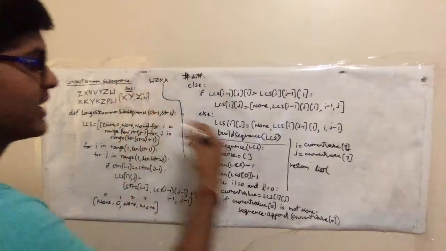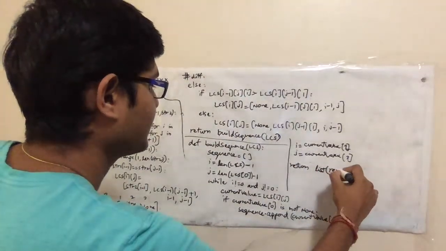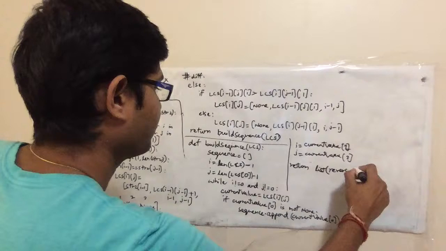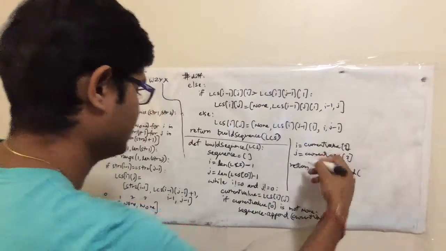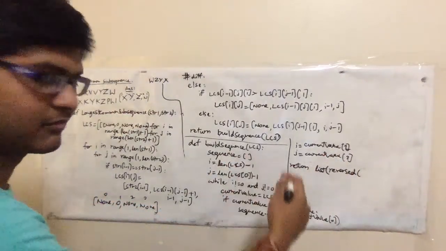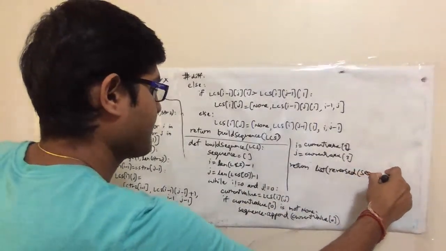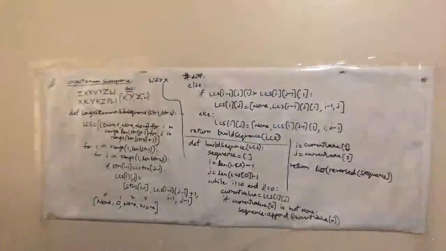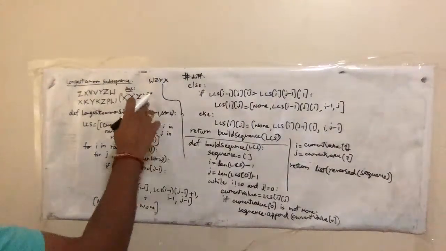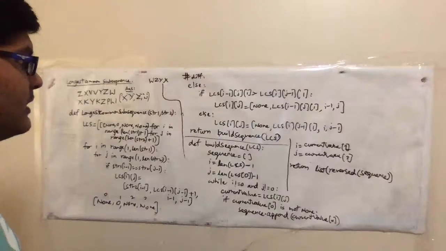So we need to reverse the sequence and return that. And finally this will become a string, which is required in the answer.